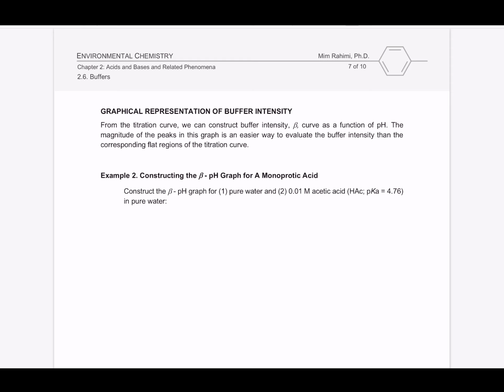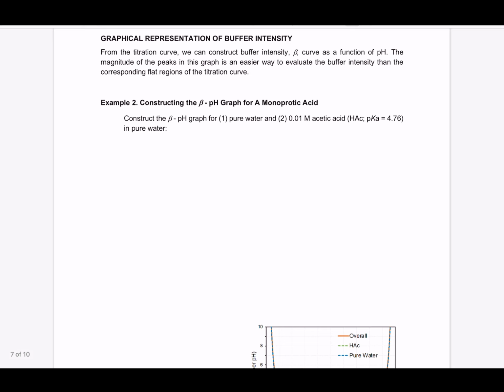Here, the second example is asking us to construct beta versus pH for a monoprotic acid. This would be pretty straightforward from the mathematical expression.